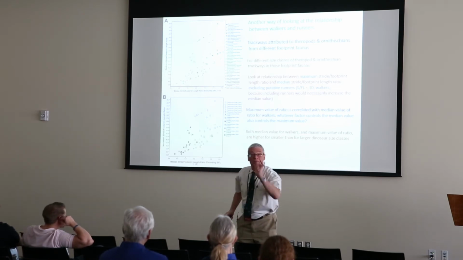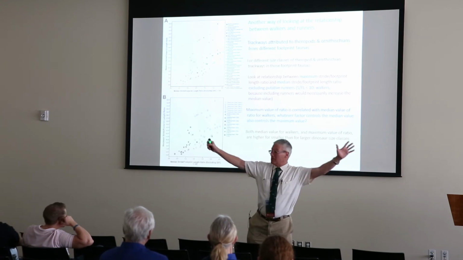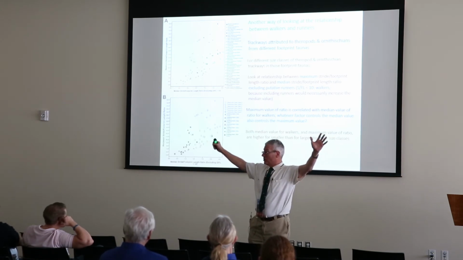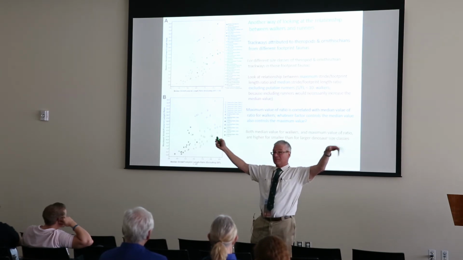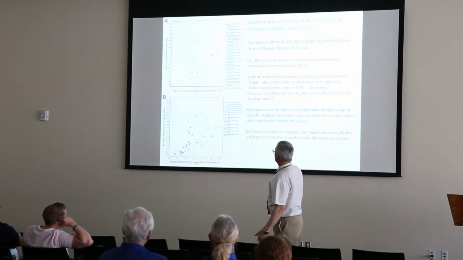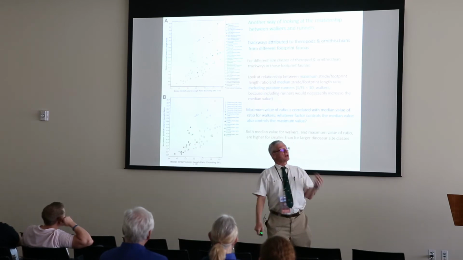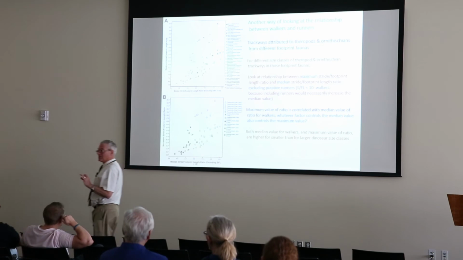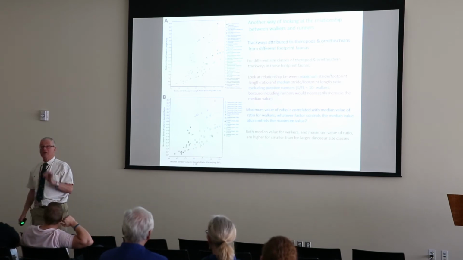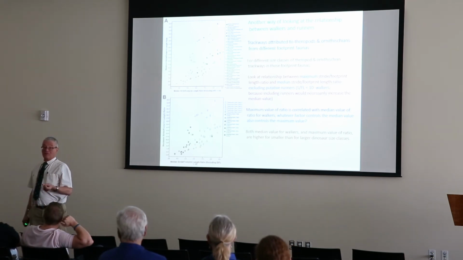And I plot that median against the maximum stride to footprint length ratio we find in any trackways from that particular size class or type of animal and fauna. And there's a nice relationship there. So it suggests to me that whatever is affecting the median stride to footprint length ratio is also affecting the maximum value.